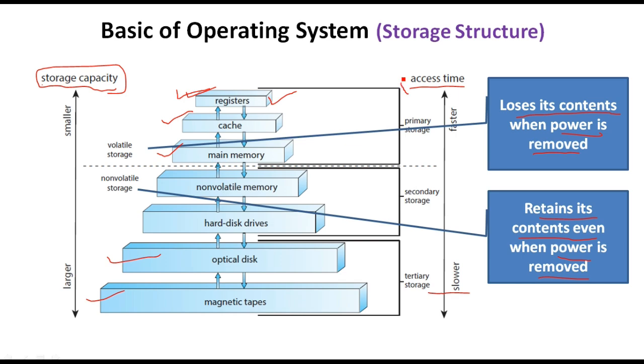You can see we have the fastest access to the registers, whereas magnetic tapes have the slowest access times. This is how access time varies from device to device.